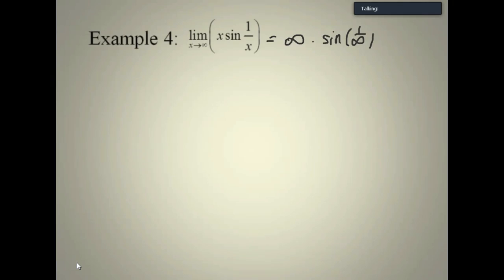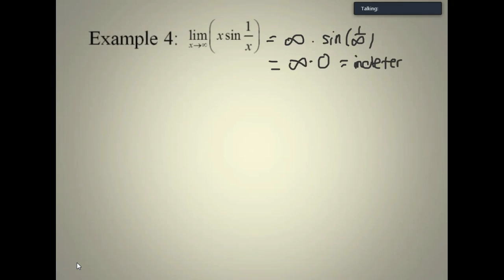So the sine of 1 over infinity is kind of like the sine of 0, which is 0. So this is kind of like infinity times 0, which is indeterminate. So what we're going to do is rewrite that as a fraction.